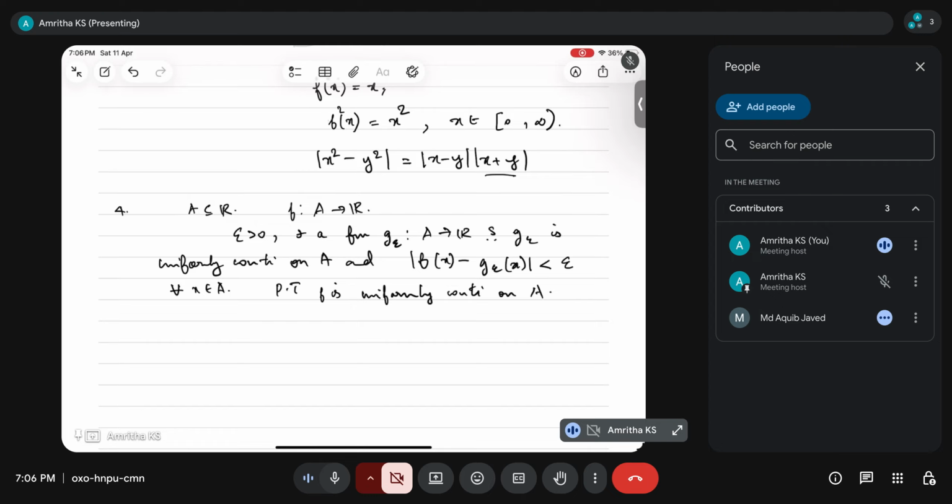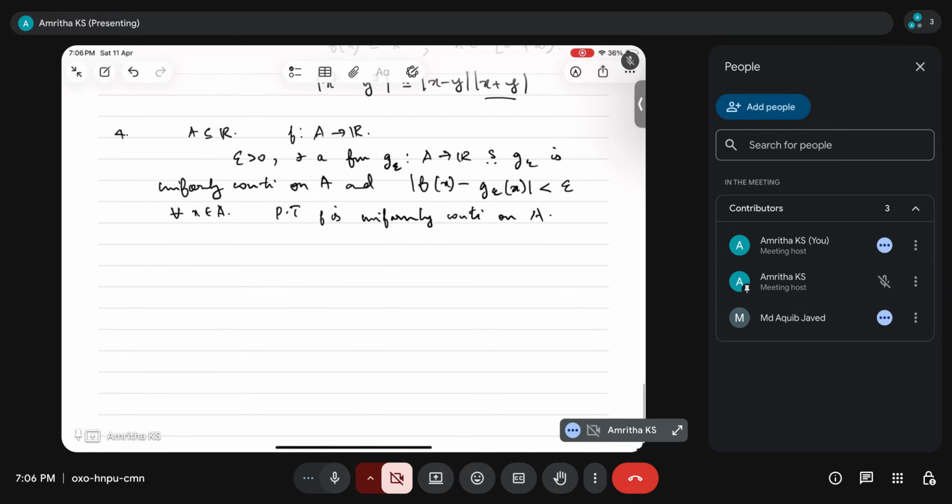Yeah, is the property clear? Yeah. So that means you should show that for all epsilon greater than 0, there exists delta greater than 0 such that this is less than epsilon whenever mod of x minus y is less than delta.